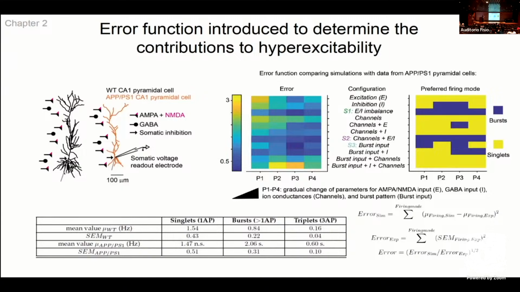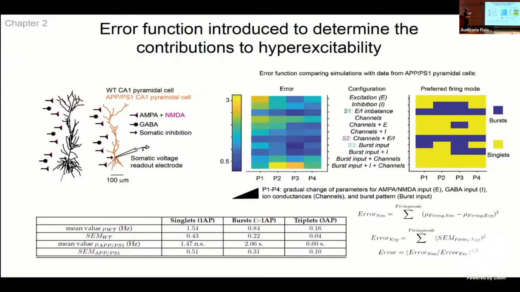Yes. So this is a sum over different firing modes. I look at the error of the singlets, of the doublets, of the triplets, and so on. And they are weighted because I know that the bursts and the triplets are more important. So there is a weight to these errors.